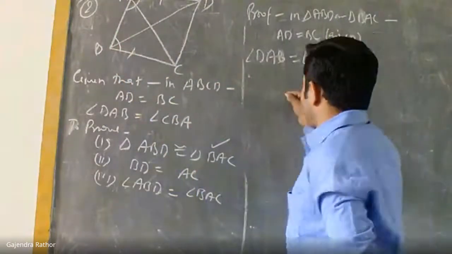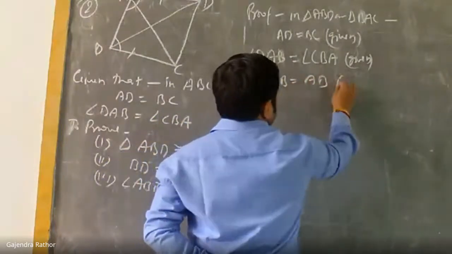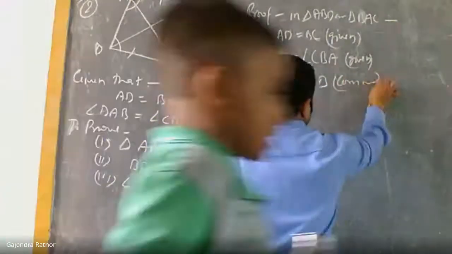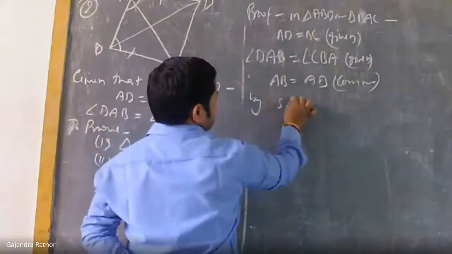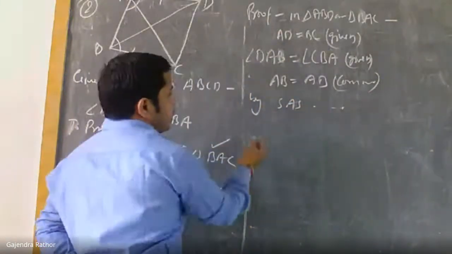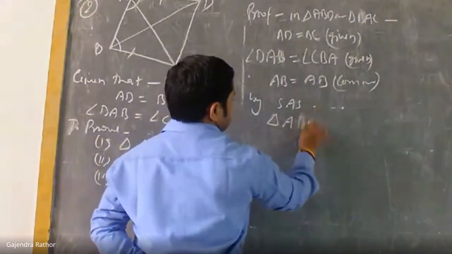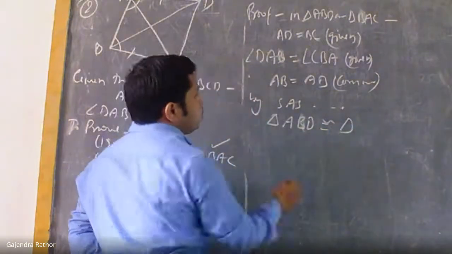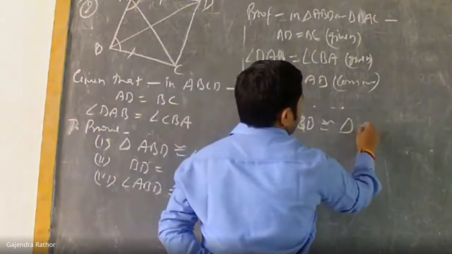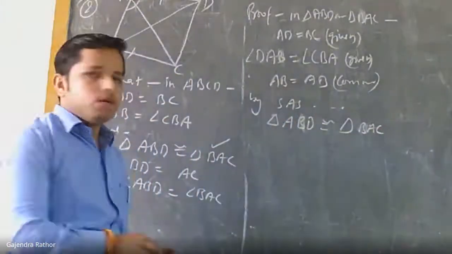So AB is the common. So by using the SAS congruence criteria, triangle ABD is congruent to triangle BAC. So first point we proved.